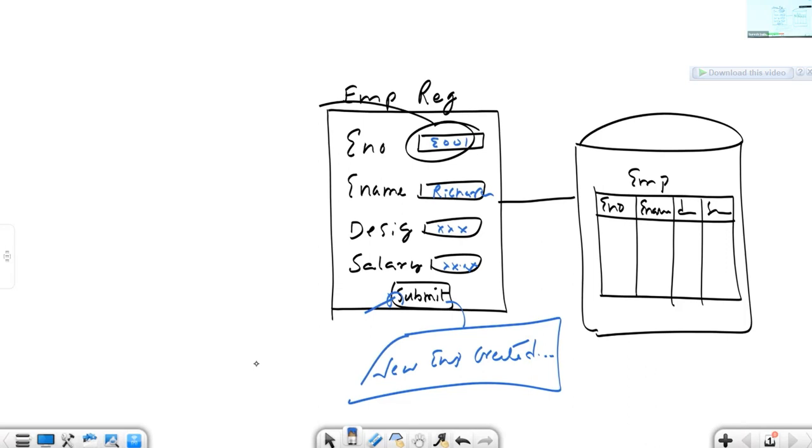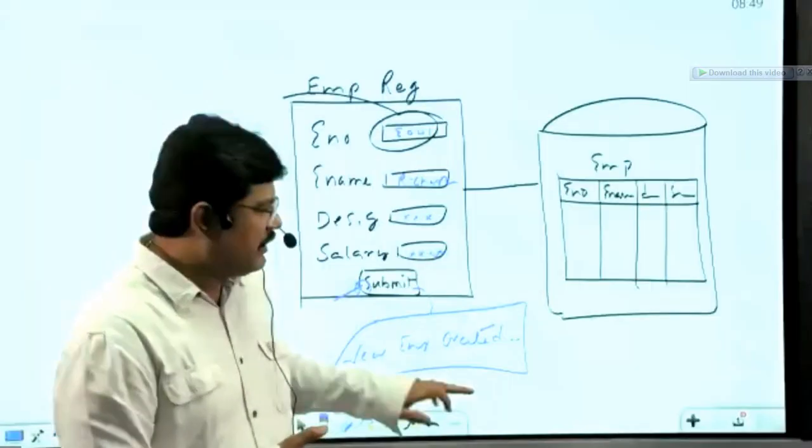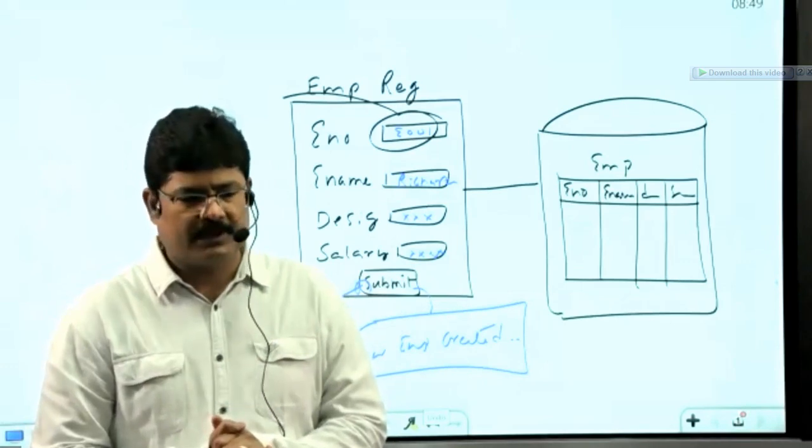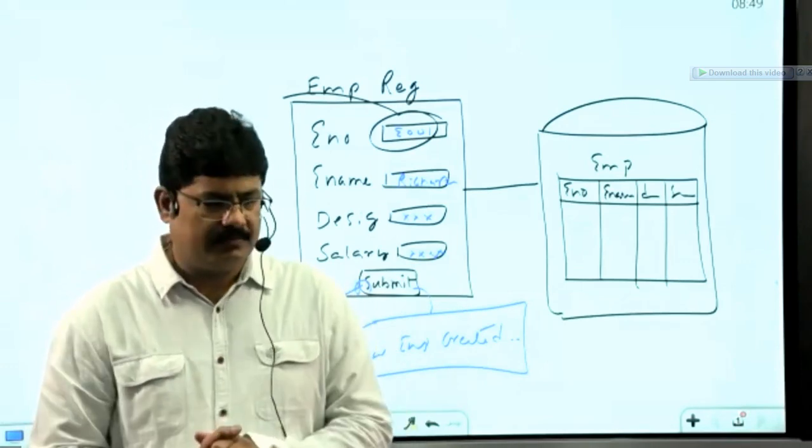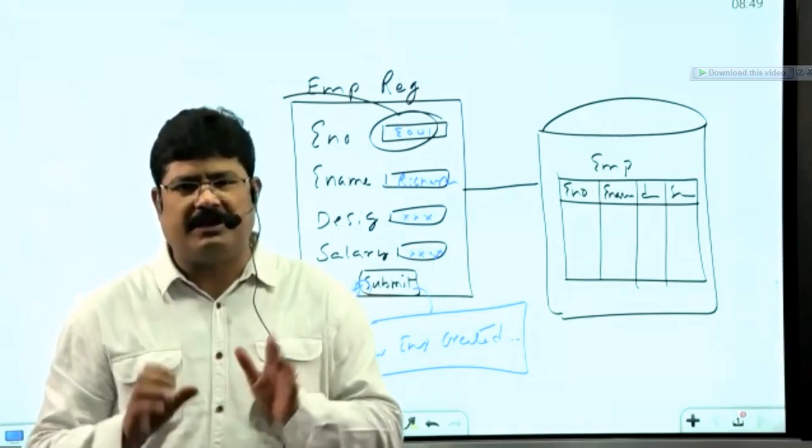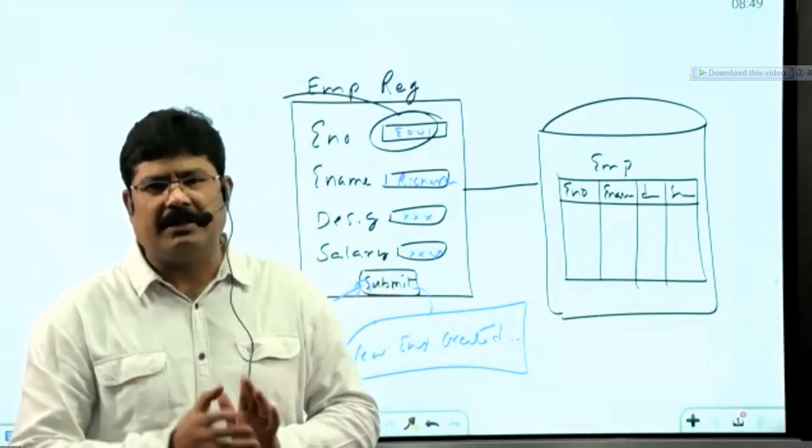Why DB testing is needed in this example. To check this employee registration functionality, we enter a valid employee number, employee name, designation, salary, and click submit.